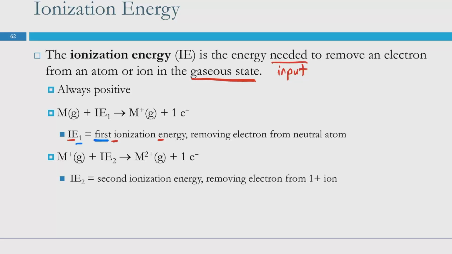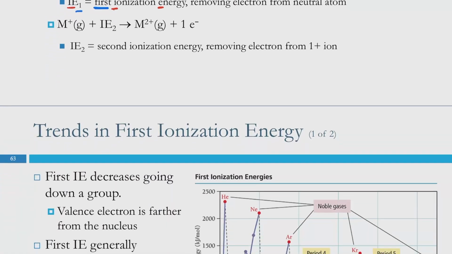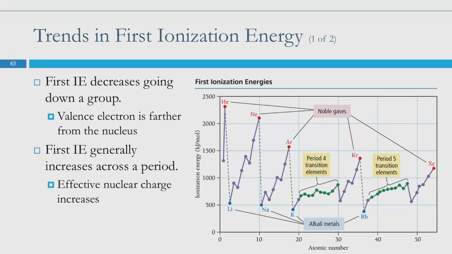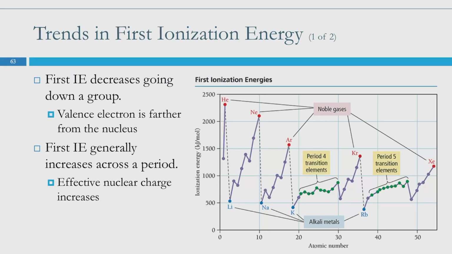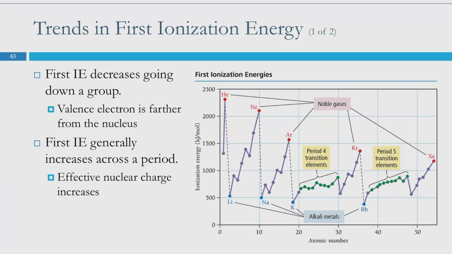So you can start with this M plus, hit it with some more ionization energy, a beam of electrons or something, and pop off another electron. I think we just talked about the first ionization energy in this class. The principle for the second ionization energy is probably similar, just a little less clear.